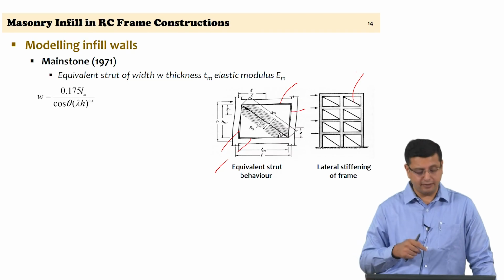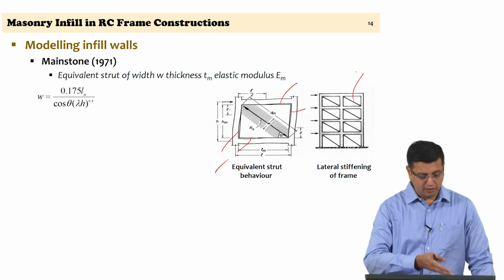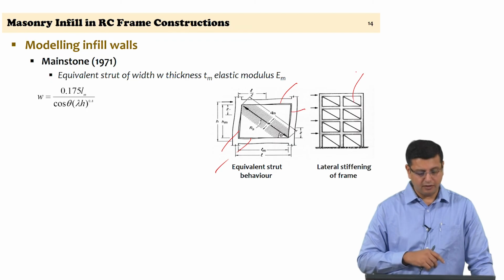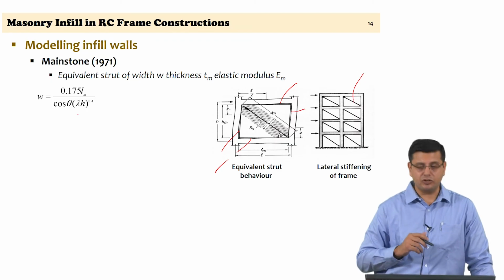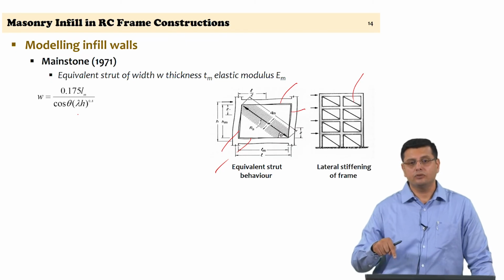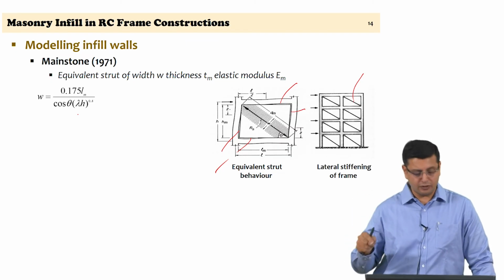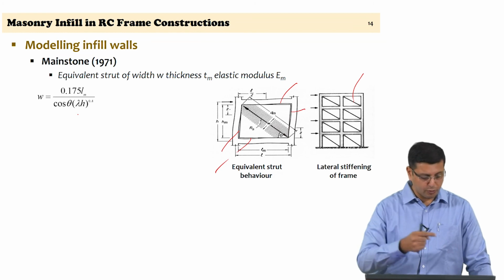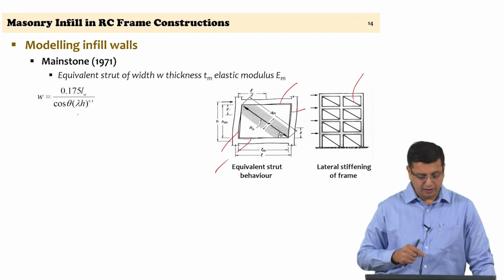the width of the strut can be written down semi-empirically, where lambda h is the lateral stiffness parameter of the panel, which is the critical element, a contribution to the interaction itself.